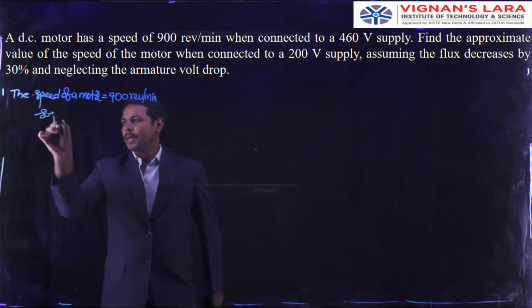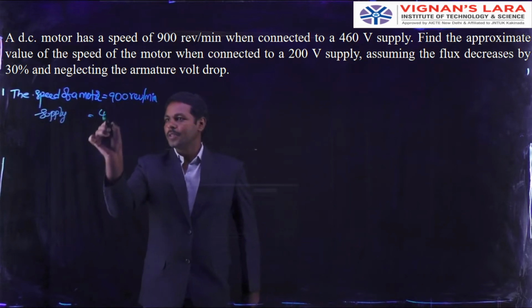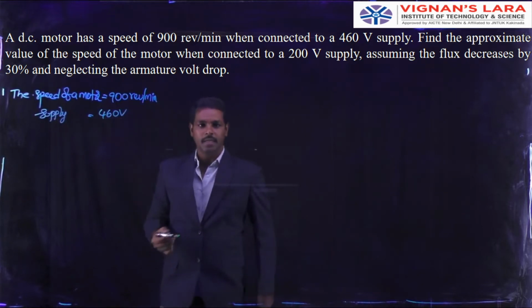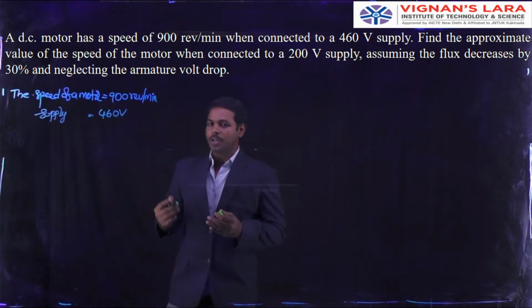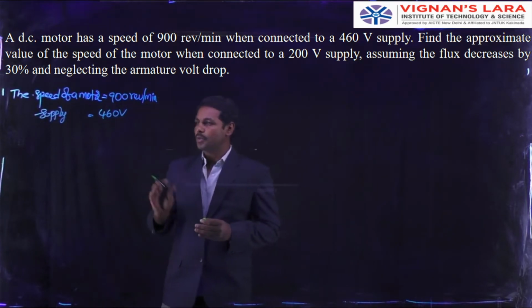The corresponding supply is equal to 460 volts. Find the approximate value of the speed of the motor when connected to 200 volts.